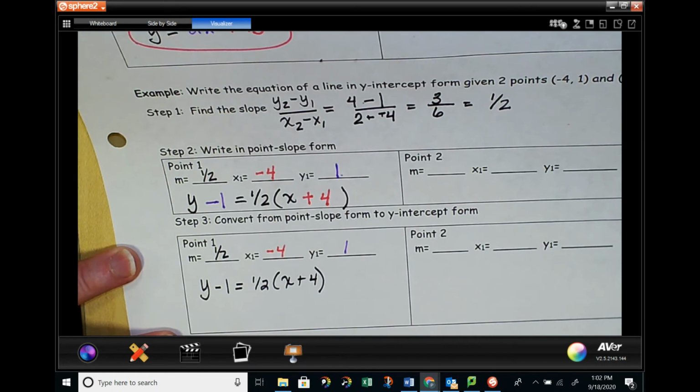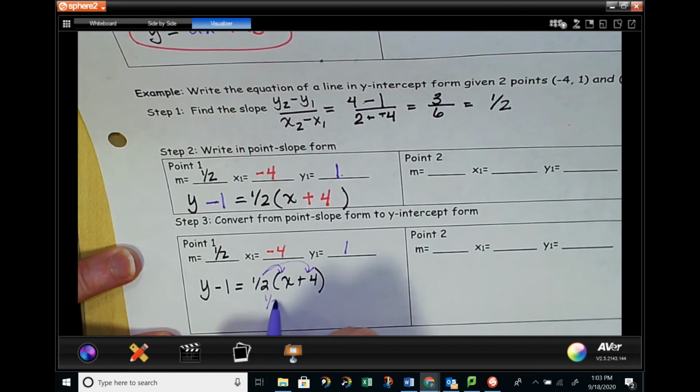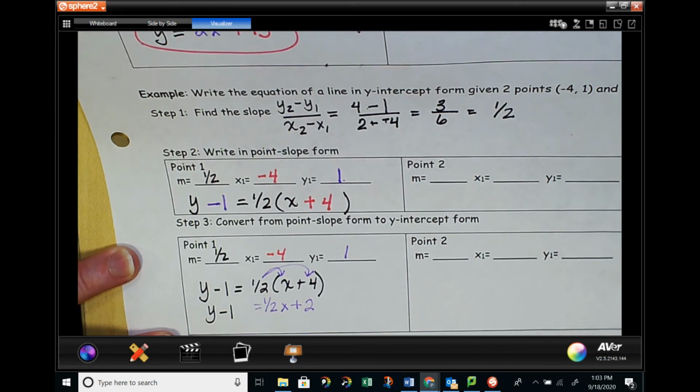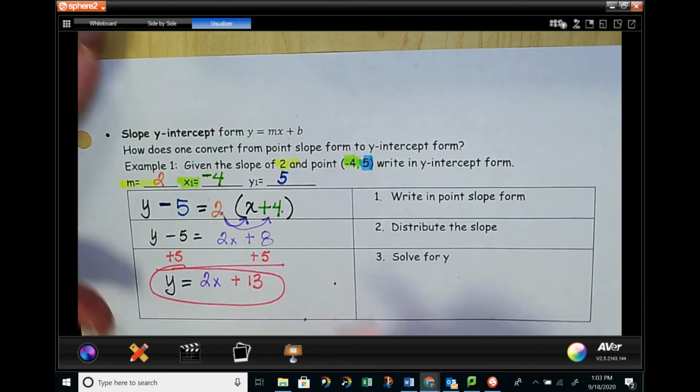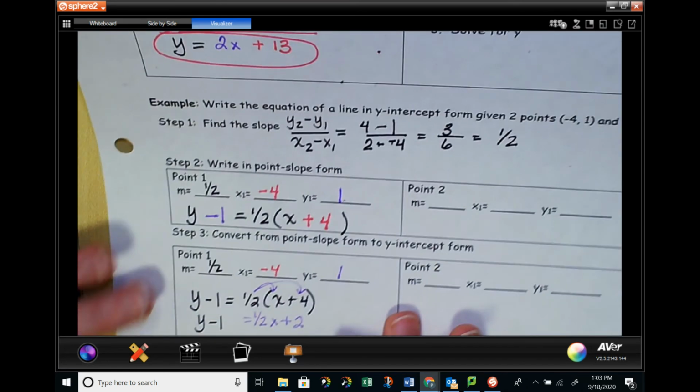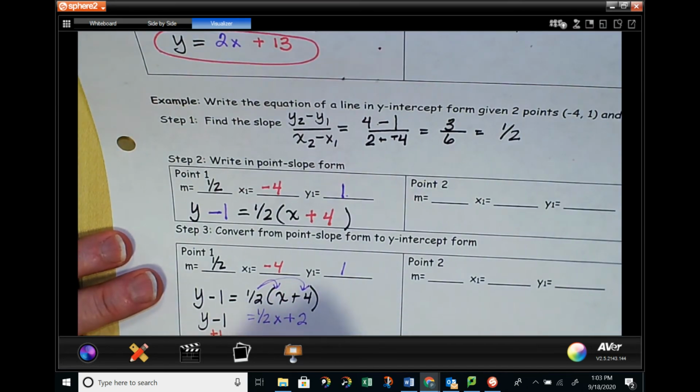And remember, I need to distribute. So half of x is half of x, and half of 4 is 2. And then you still have y minus 1. My directions say I have to solve for y, so now I'm going to add 1 on both sides.